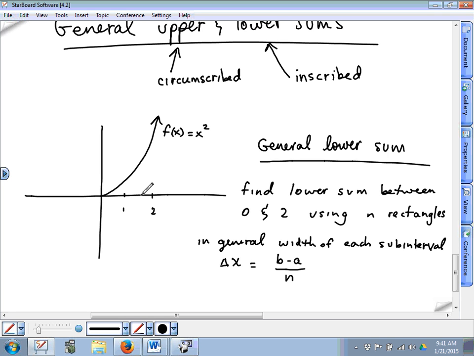Where does the interval start? 0, so that'll be a. a is 0, b is 2. So 2 minus 0 is 2. So for our case, you guys are right. It's going to be 2 over n.